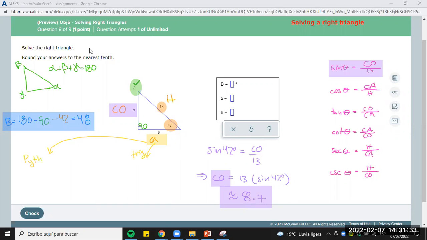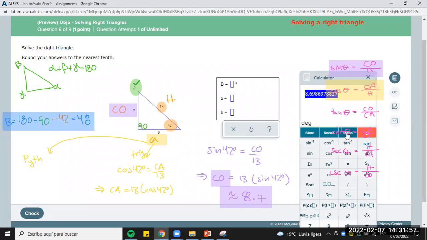I think I'm going to do the trig part first. This will be the cosine of 42 degrees equals the adjacent divided by the hypotenuse, 13. That means the adjacent equals 13 times the cosine of 42 degrees. We're supposed to have the same answer.